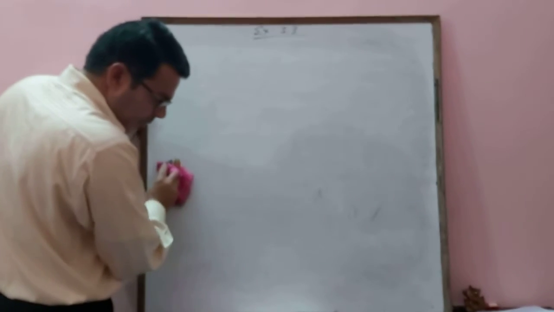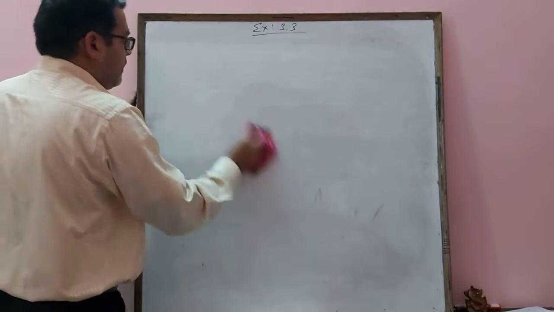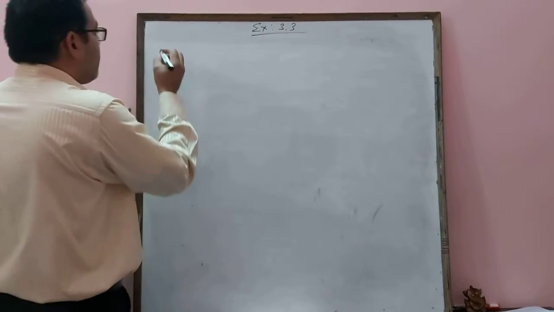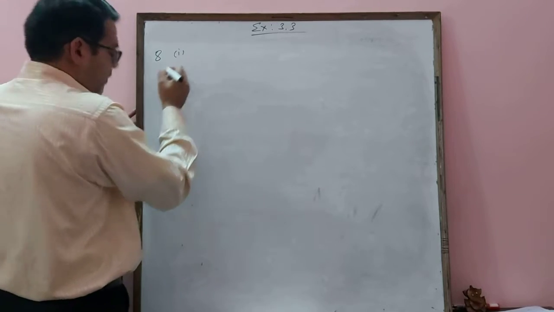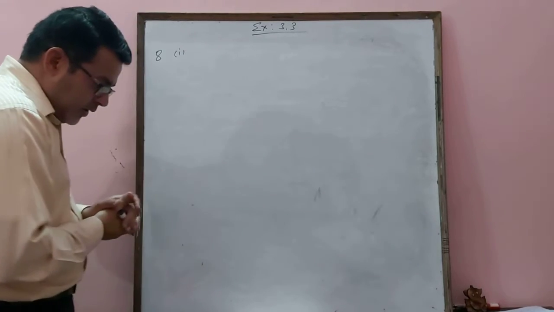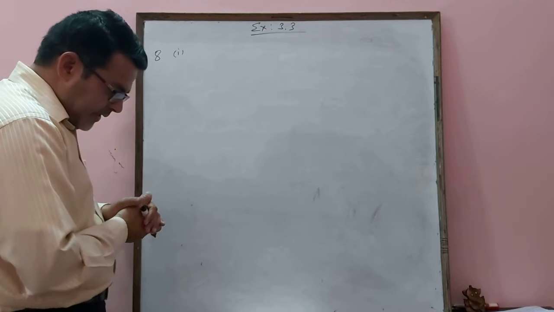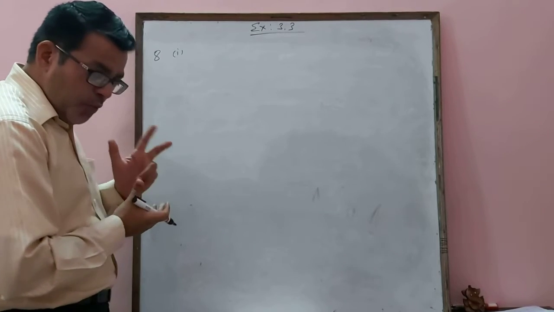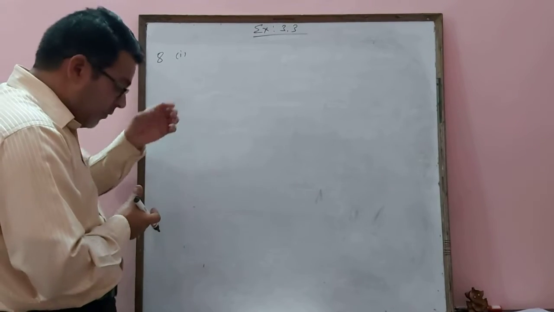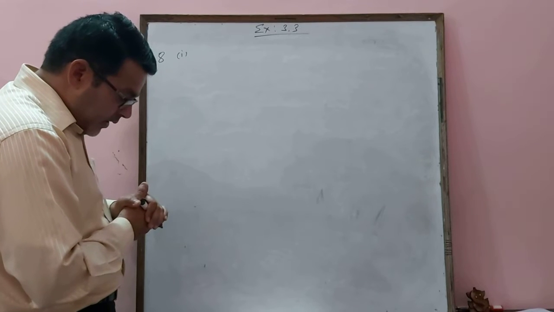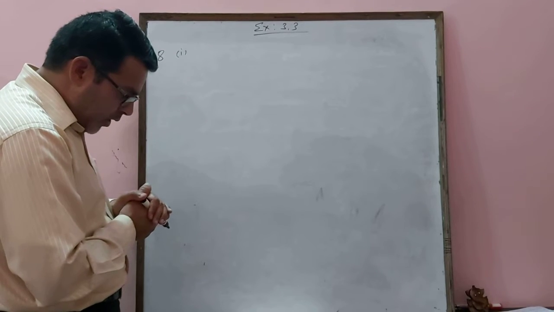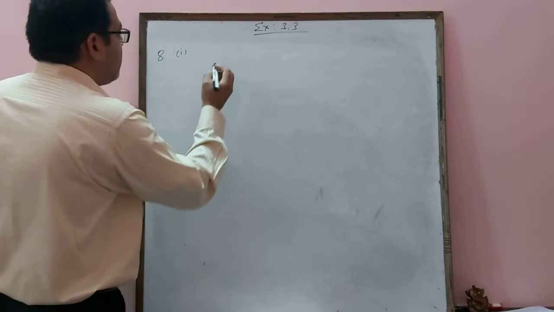Now question number 8. First part I am taking here. See, two figures are given there. These are parallelograms. Two parts are there in this question. First I am solving the first part. The name of this parallelogram is GUNS.